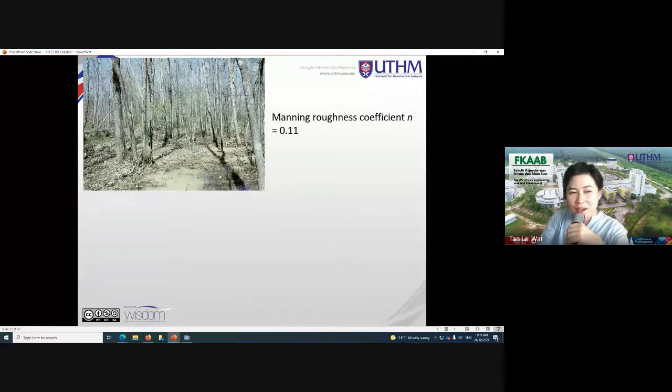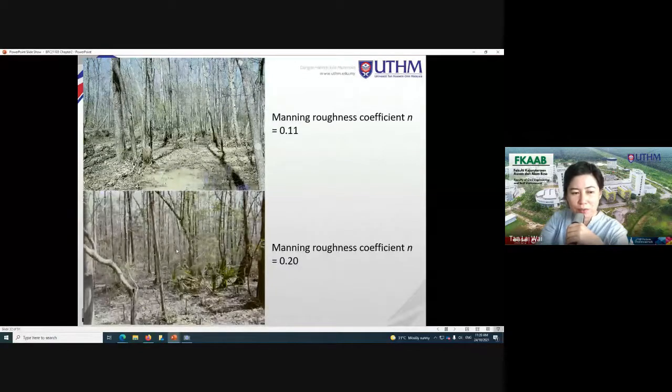But of course, there are cases where you have water ponding. That is a different story, because it's not flowing. But when the rain comes down non-stop and heavily, then you expect flow to occur on the surface. So look at this, Manning roughness 0.11, which is huge compared to the concrete that we have looked at just now, which is 0.015, plus minus.